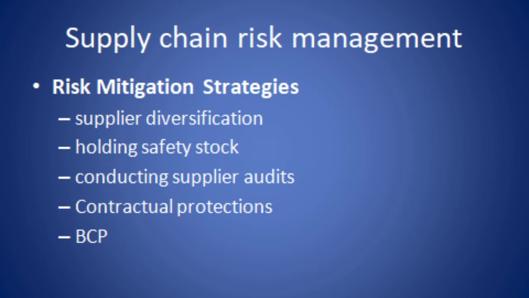We need to have more than one supplier for key supplies, holding extra inventory for safety purposes, conducting supplier audits to ensure that they follow the right practices, and contractual protections, having protection clauses and indemnifications in the document itself so that we are contractually protected if the supplier is breached or if the supplier is not conforming to policies. Then business continuity planning for increased resilience.